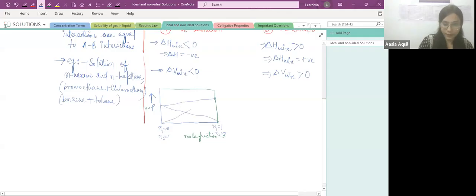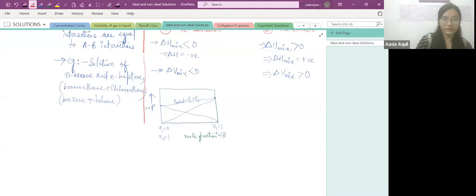First, make the graph for the ideal one. This line was for P total, that is P1 plus P2. Clear?